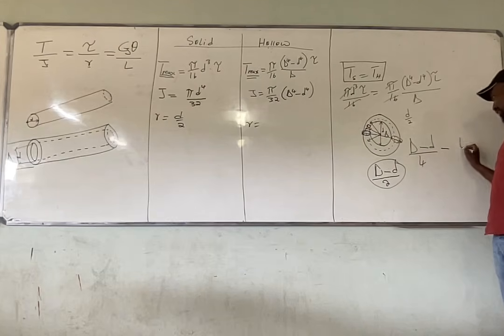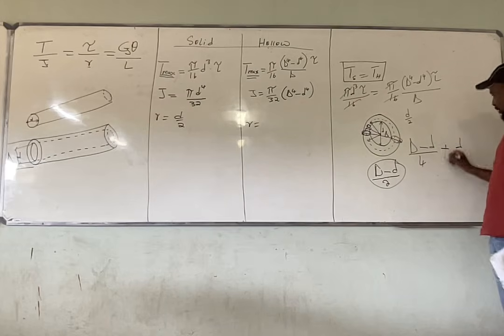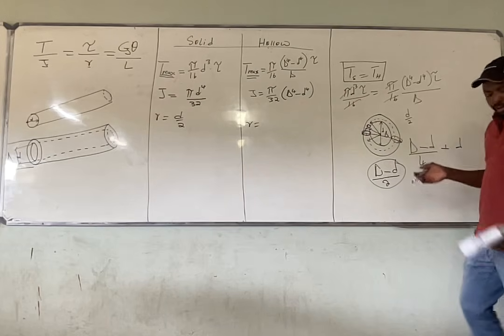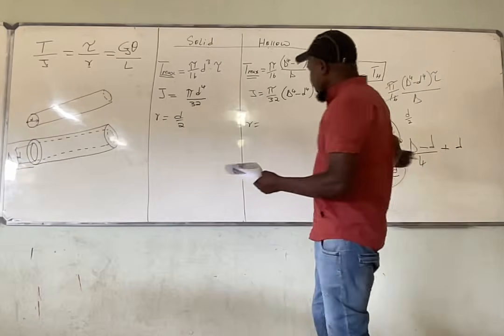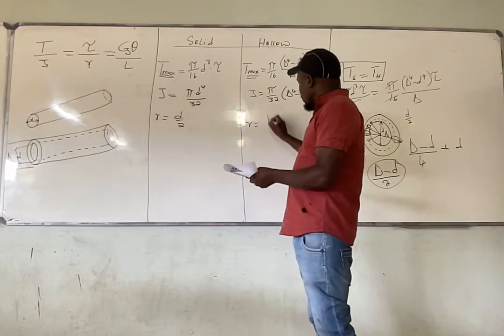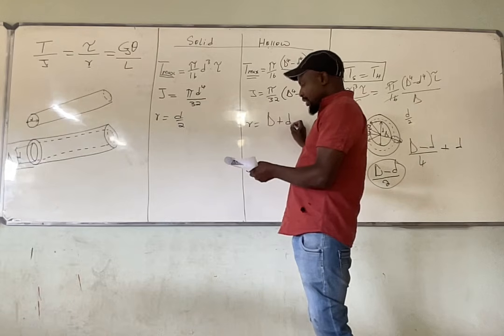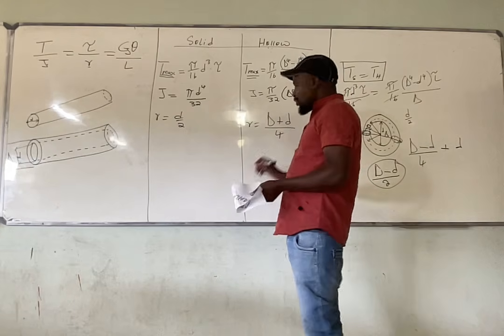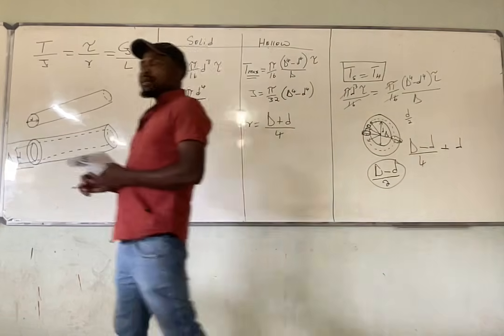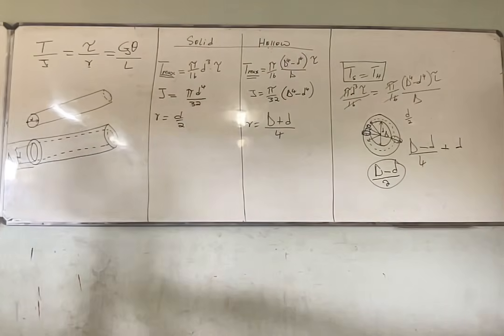Then you subtract small d. All in all, after simplifying, you are going to be left with capital D plus inside diameter all over 4. That is how you calculate your mean radius.